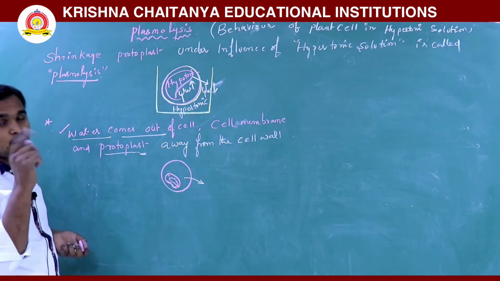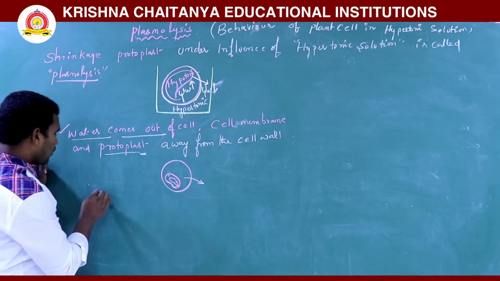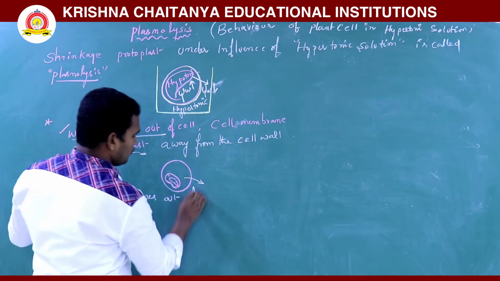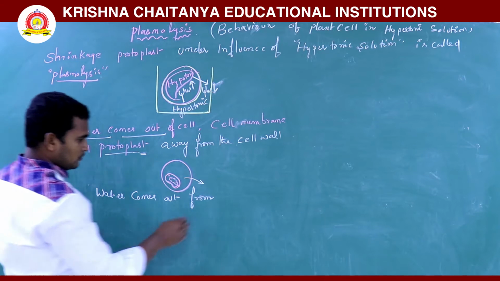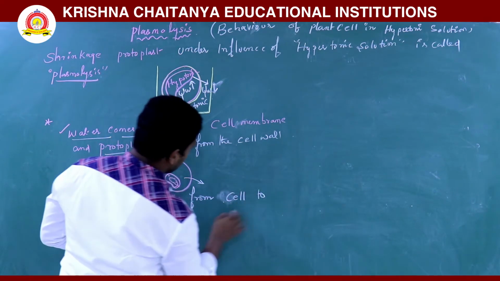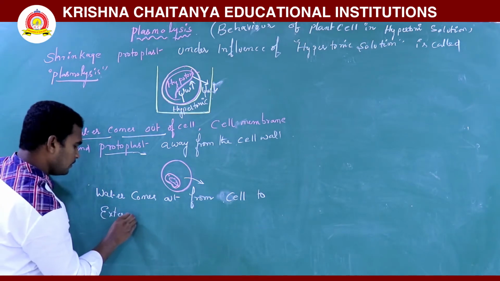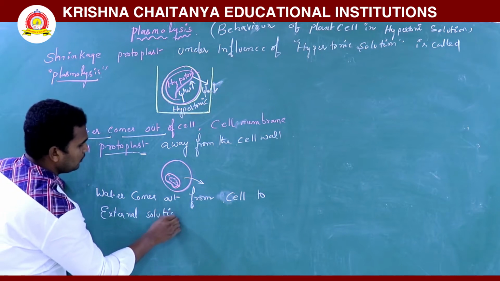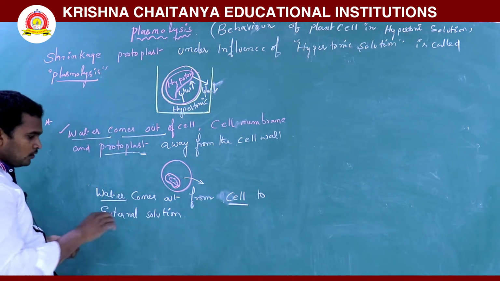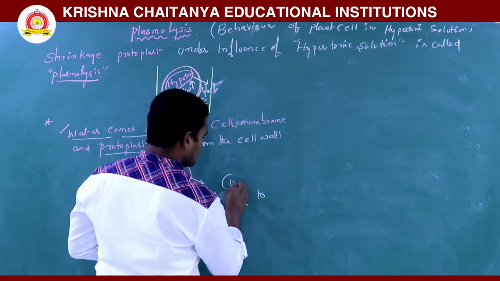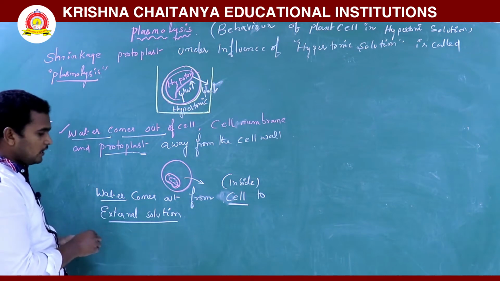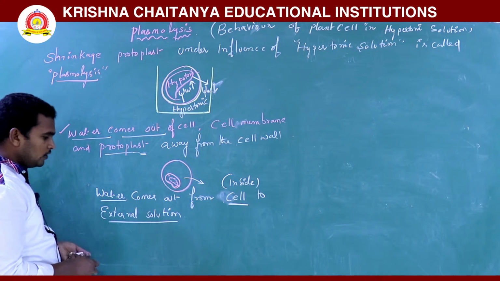The water comes out from the internal solution, from the cell, inside to outside, to the external solution, that is, the solution in the beaker.